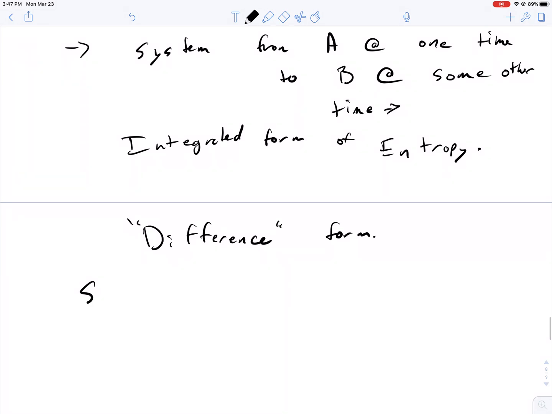Well, here's the difference. Entropy at some time 2 minus entropy at some state or time or position or whatever, 1, equals the sum over all of your streams, except now you have to worry about how long the streams were flowing. And so you integrate from the time at the beginning to the time at the end of your dynamic stream balance equations.